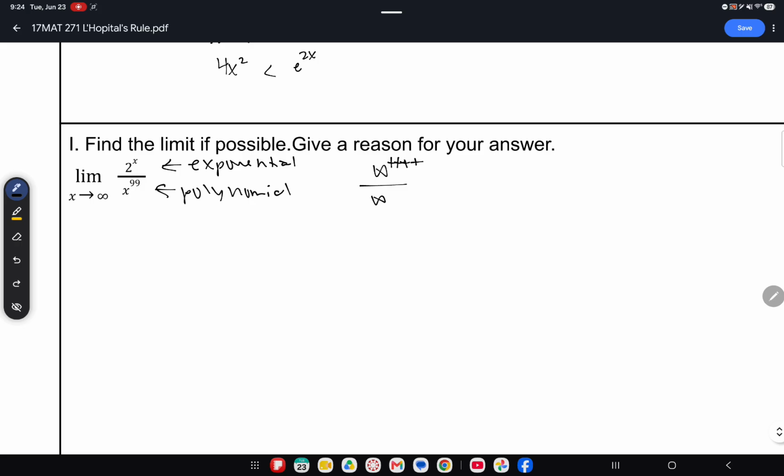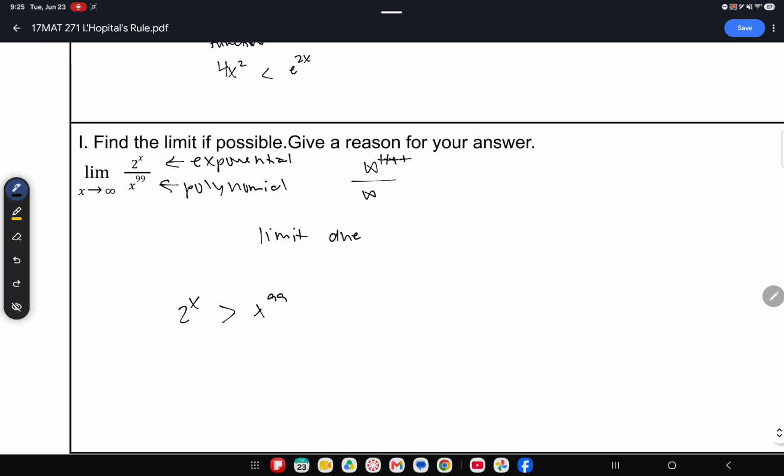So this limit doesn't exist because it'd be a really large number on top and then just a really large number on bottom. So while yes, infinity over infinity is an indeterminate form, we can look at the functions, and that 2 to the x is always going to be greater than that x to the 99. So the number in the end will be infinity, and so that limit is not going to exist.